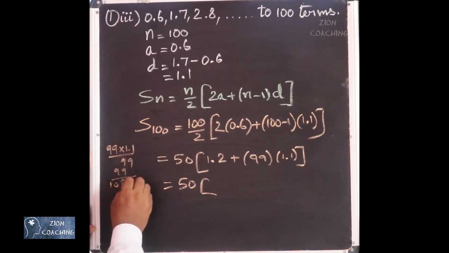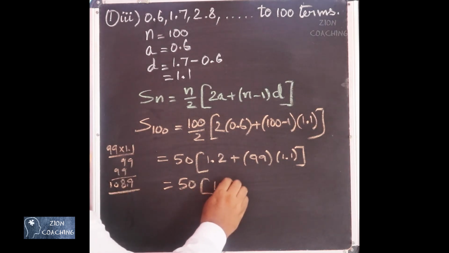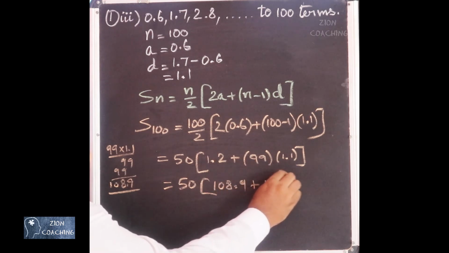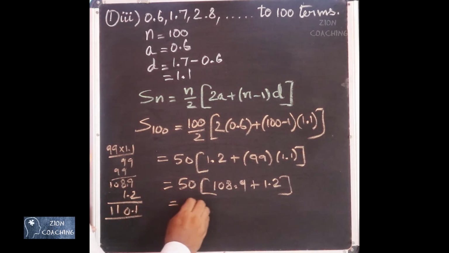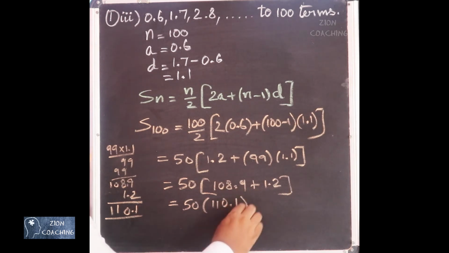There is one number after the decimal point, so it is 108.9. 108.9 plus that 1.2. When you add 1.2, you will get 9 plus 2 is 11, carry 1, so you will have 110.1. 50 into 110.1.